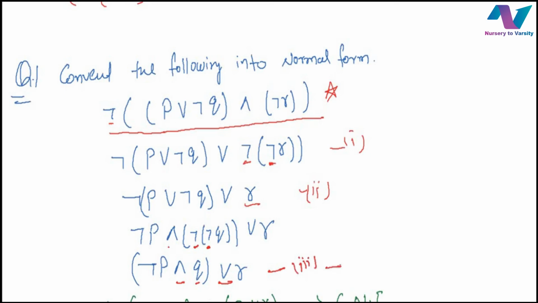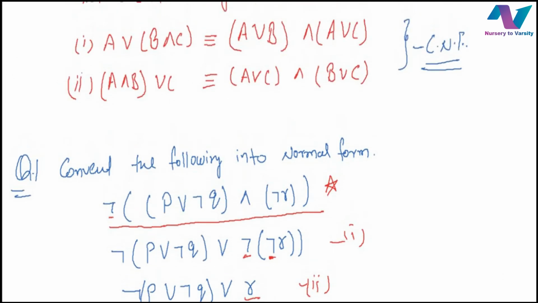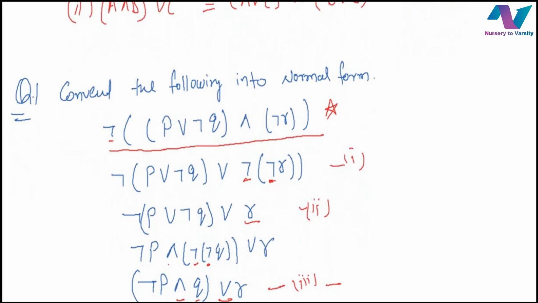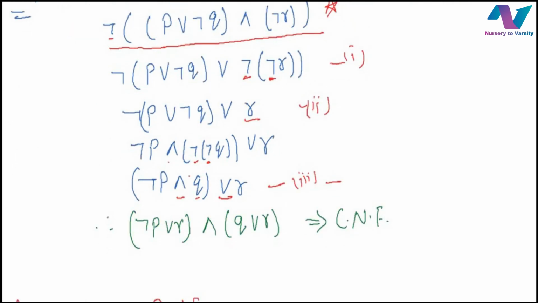Now from here we apply the 2 rules which we discussed in the third step of finding the CNF. We just apply this rule and we get this CNF: here I am going to use negation of P or R and Q or R. As per the definition, first we look at whether the expression in brackets contains the OR symbol.